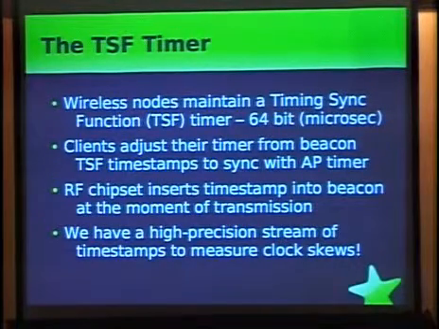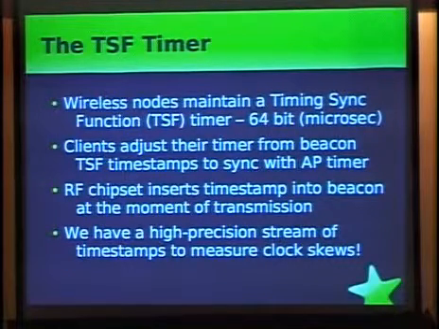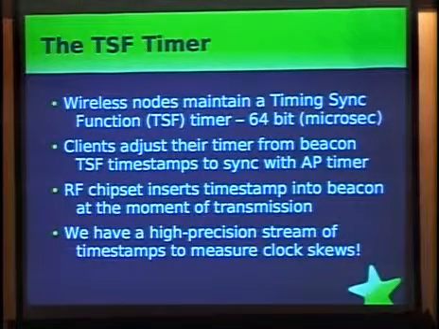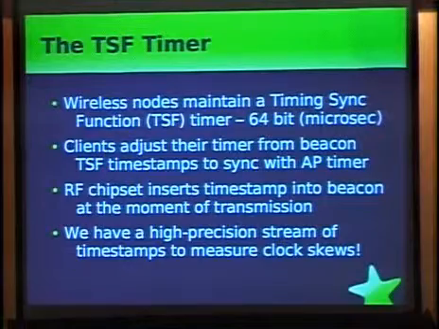You can do that by observing that there is a timer on the card, and you can query that timer in your card for the very accurate time stamping of what you're getting, of the frames that you're capturing, beacon frames included. And the reason for that timer, and this is 64-bit and microsecond resolution, is that the clients adjust their timer from this beacon timer to stay in sync with the AP.